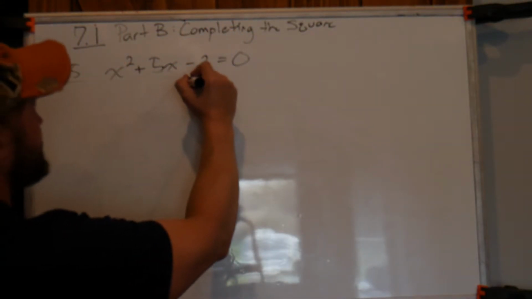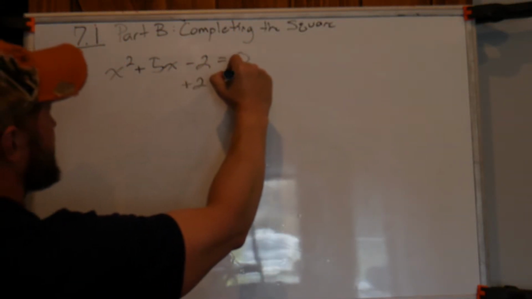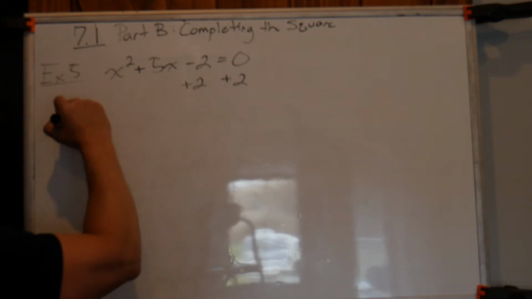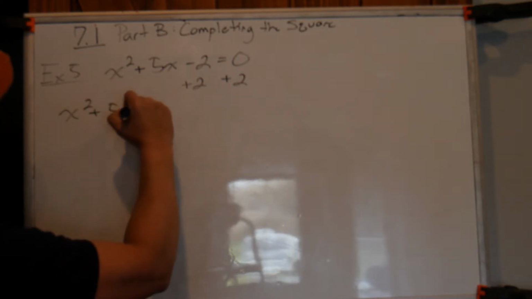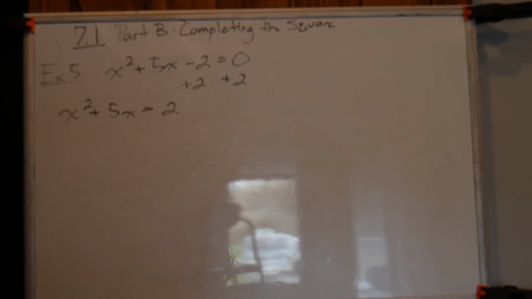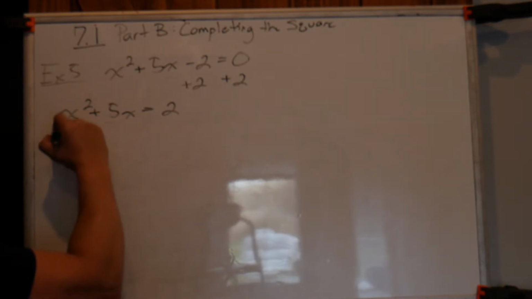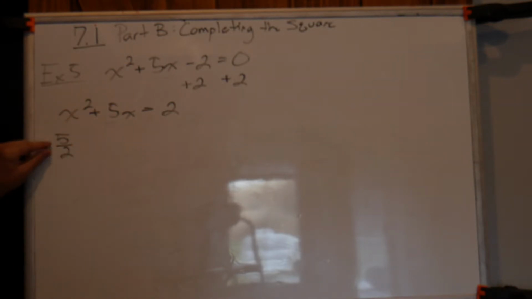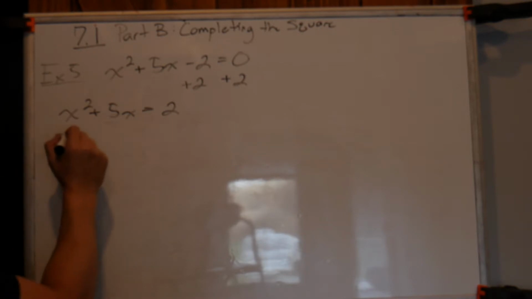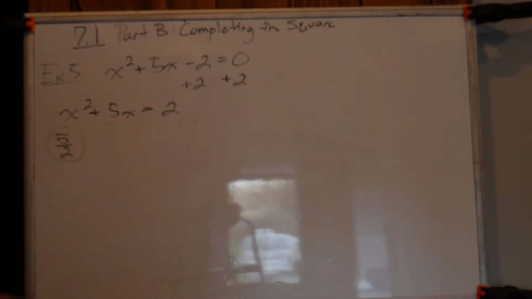So, first step, I need to add my 2. I need to get rid of that. So I have x squared plus 5x equals 2. There's my new equation. Okay, I need to take half of that. I'm going to have 5 halves.